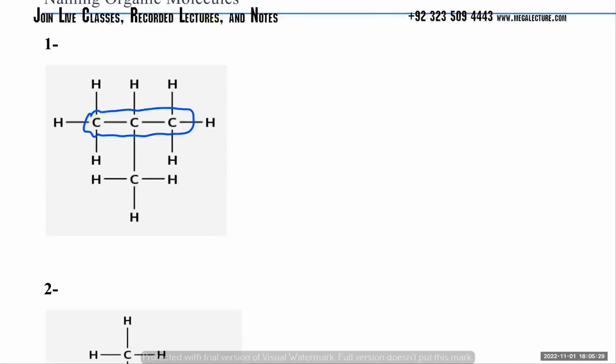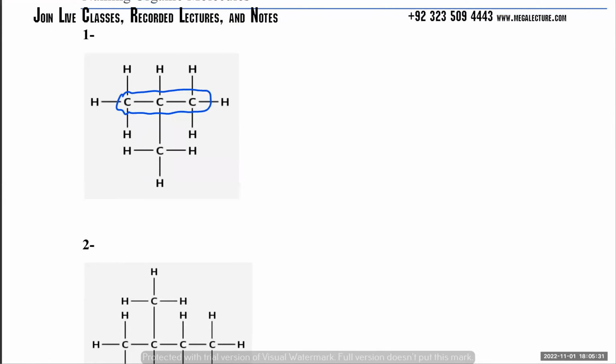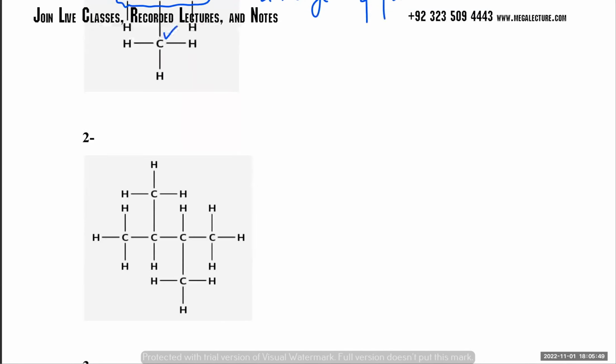That's the longest carbon atom chain, and there's one, so that's propane. It's an alkane, and this one has a carbon branch, 1 carbon atom. So that's your methyl branch, which is on the second one. So that's 2 methyl propane. Then this one, the longest carbon atom chain is 4 carbon atoms.